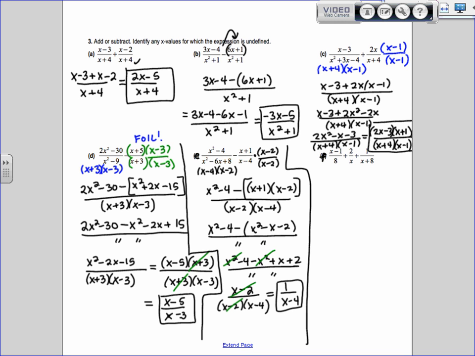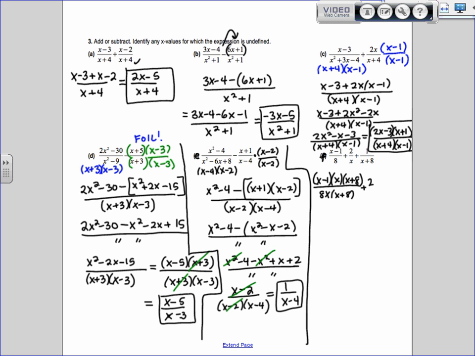So for the first one, if I have x minus 1 over 8, I'm going to multiply by x and x plus 8. So I'm going to have x minus 1 times x plus 8, all over 8 times x times x plus 8. The next one, I'm going to have 2.